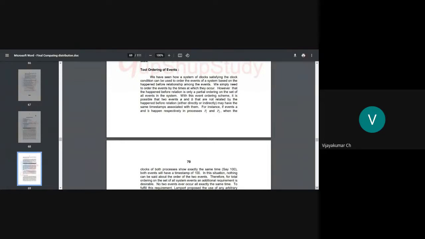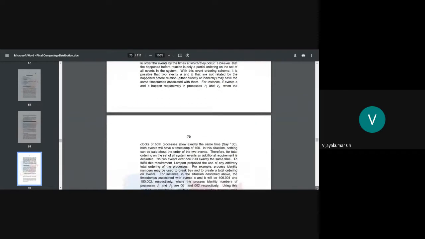We simply need to order the events by the times at which they occur. The happened before relation is only a partial ordering of the set of all events in the system. With this event ordering scheme, it is possible that two events A and B that are not related by the happened before relation, either directly or indirectly, may have the same timestamps associated with them.